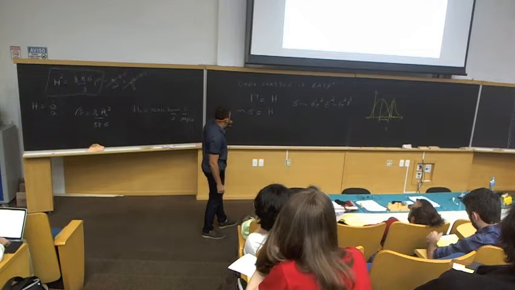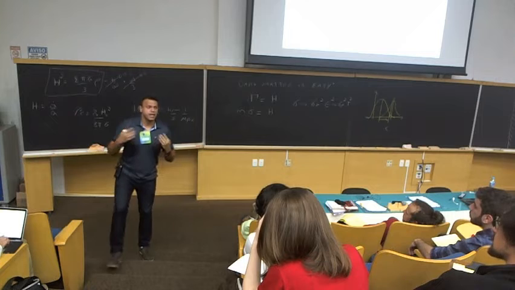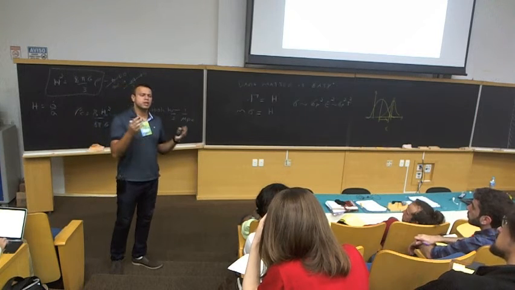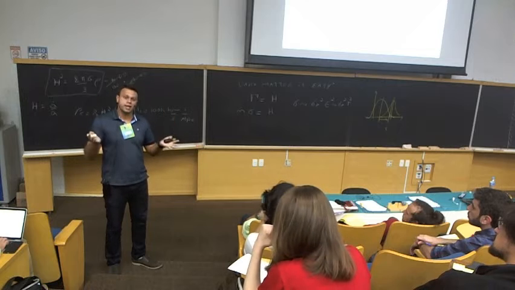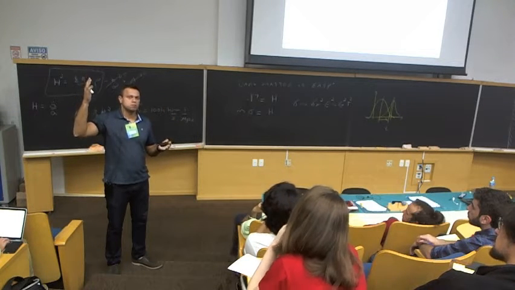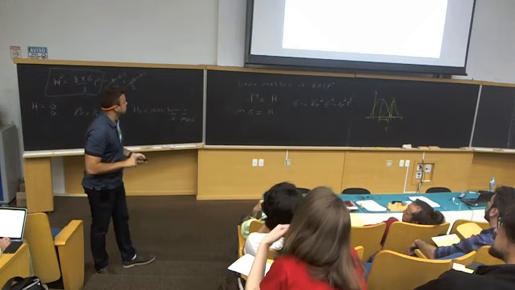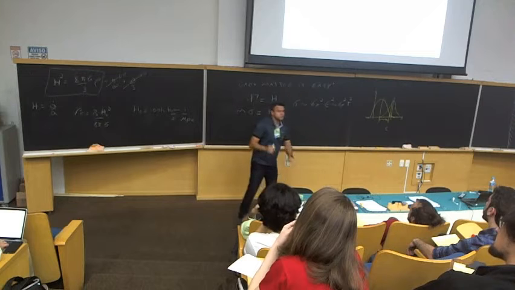The number density of a relativistic gas, this is statistical mechanics, is proportional to the temperature to the third power. That's general. So n is proportional to T cubed. There are some constants involved, which I don't care about.